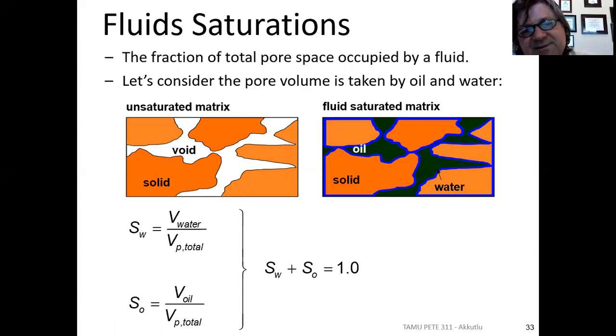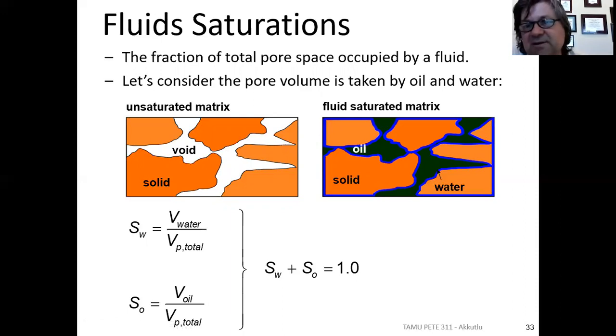If you look at that space, you see that water, shown here in blue, takes up pore volume by the grain surfaces. So some of the pore volume is taken up by the water, which prefers to be next to the grains.